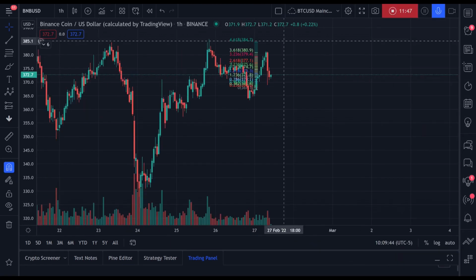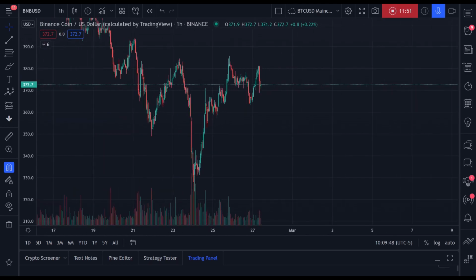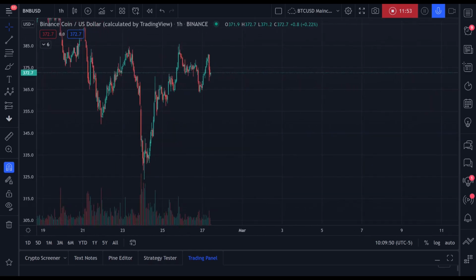BNB has a really clean chart for some reason, meaning it's not too difficult to read. Like here, you see a clear 5-wave structure up. You see a clear 3-wave structure down in your A wave. You very clearly see your 5 waves up in your A wave of B.